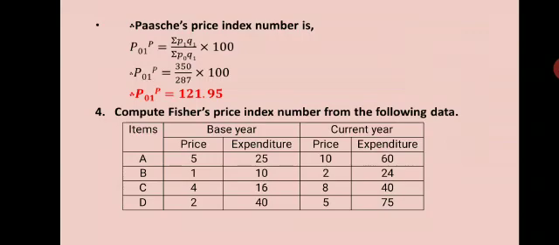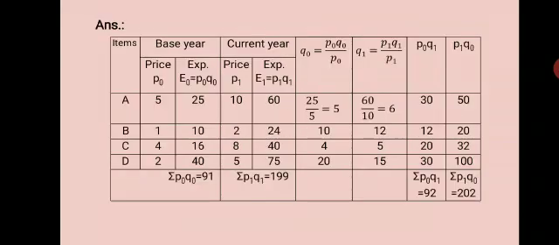Then we have the fourth question, that is compute Fisher's price index number from the following data. Here data is given as the base year price and expenditure. In the current year, price and expenditure are given.